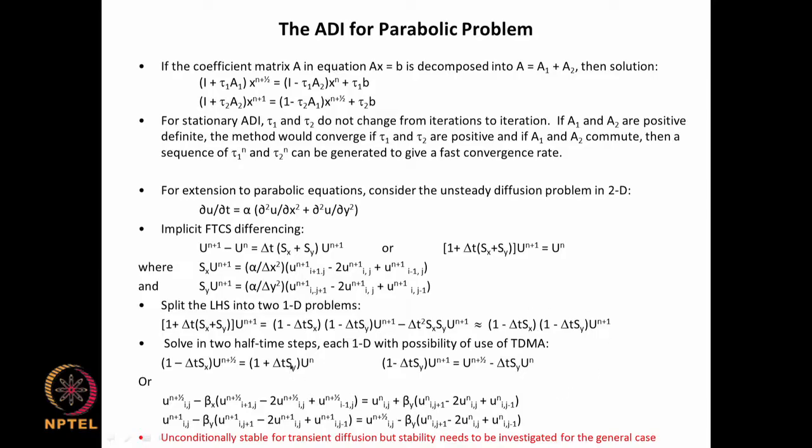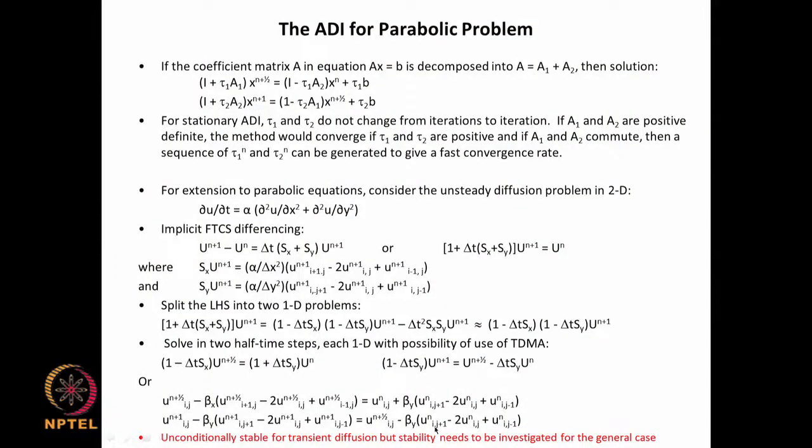For example, why we are writing it like this and why we are writing in a different way here is part of the decomposition of the problem. Only doing it this way will mean that this 2-step solution is the same as this 1-step solution. Okay. So, we would like to be aware that it is not a trivial solution, it requires some thought into the proper decomposition, and in the general case it requires also stability analysis.